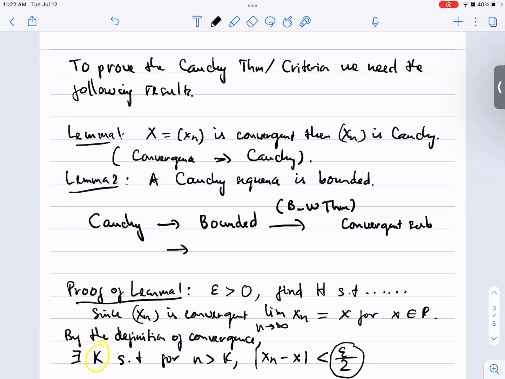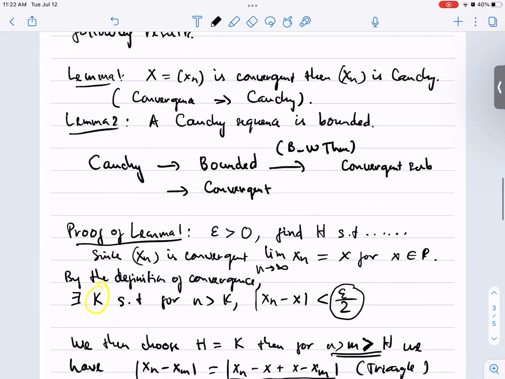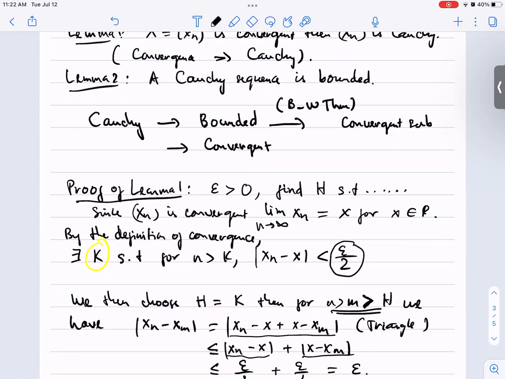Using this line of argument, we would be able to show that the sequence is convergent. So that's how everything fits together.